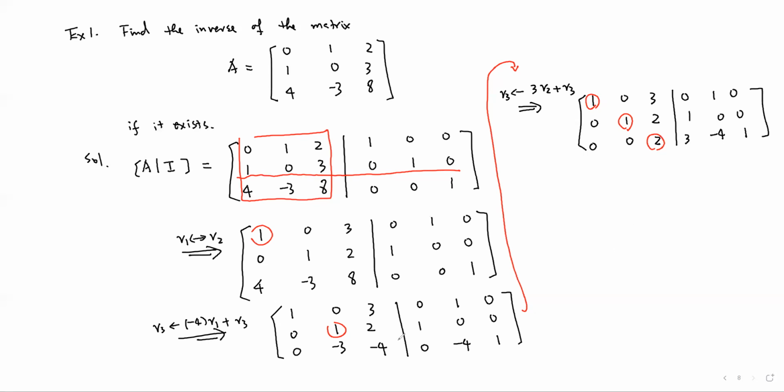Now let me scale row 3 first. 1/2 times row 3, then put the result in row 3. 1/2 times 2, 1. 1/2 times 3, 3 over 2. 1/2 times this, negative 2. 1/2 times 1, 1/2.